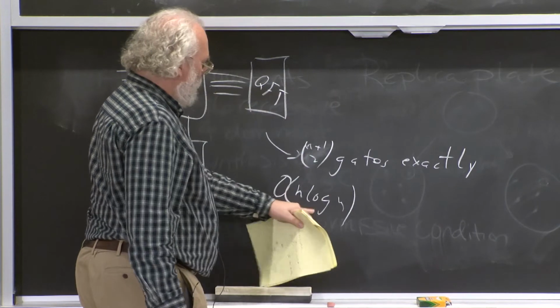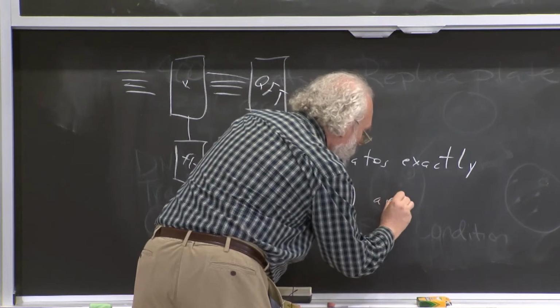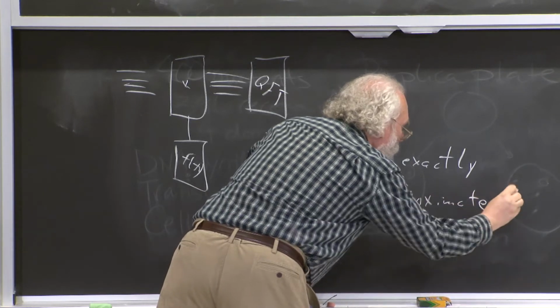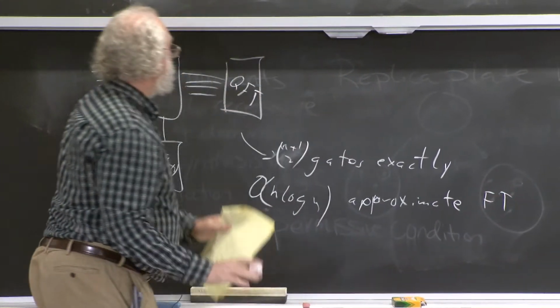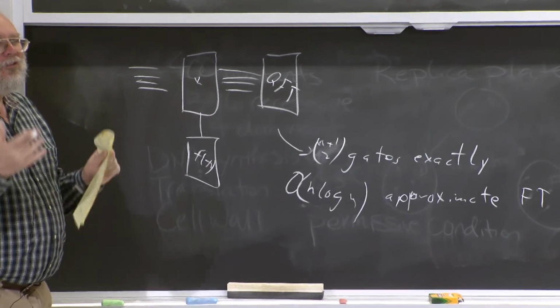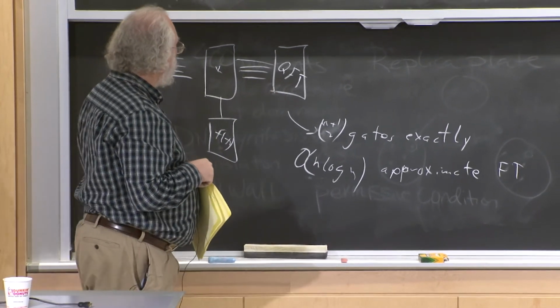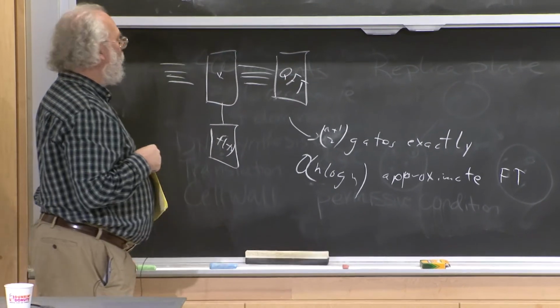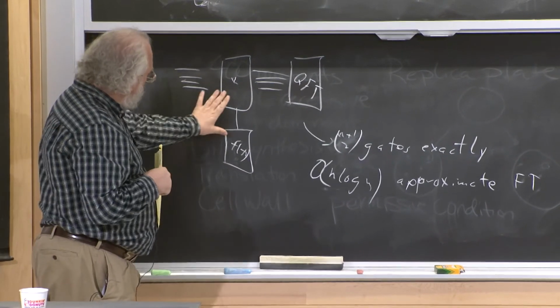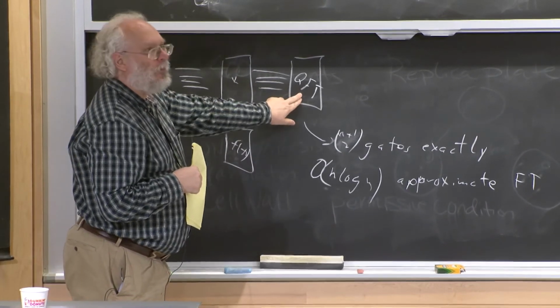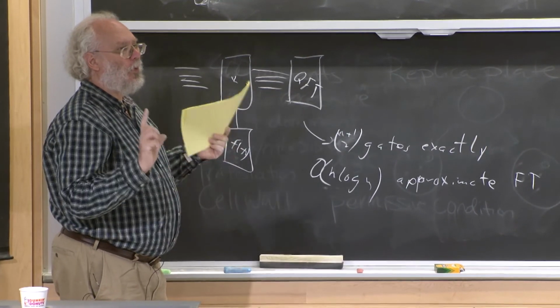And it was O of n log n to do an approximate Fourier transform that's good enough to get the results of the algorithm. So that's log n squared. That's where you get the log n squared problem. When you're doing the factoring, this term, computing the function, actually dominates the quantum Fourier transform, so we don't need to worry about that.